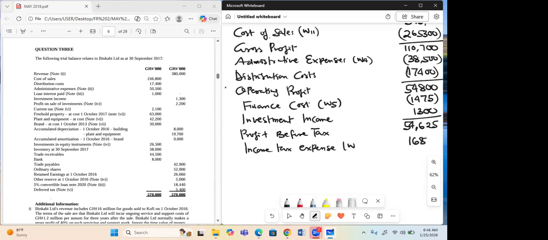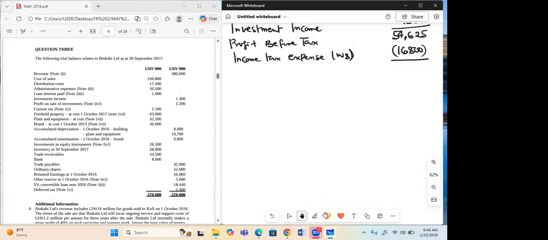We got 16,800, right? So when you take it off, what are you getting for the profit for the year? 37,825. Yes, so profit for the year.